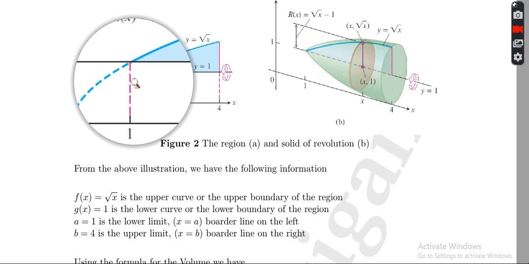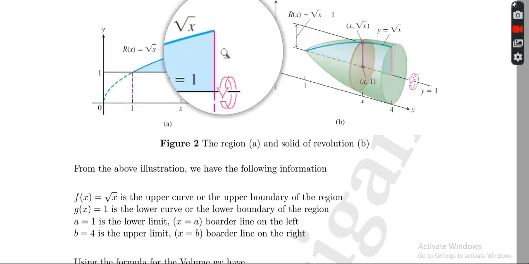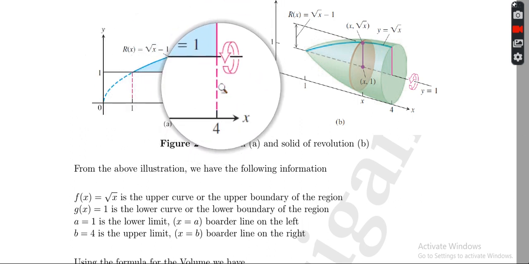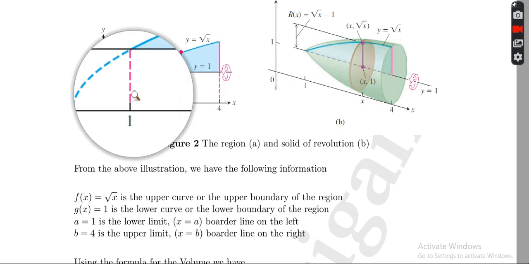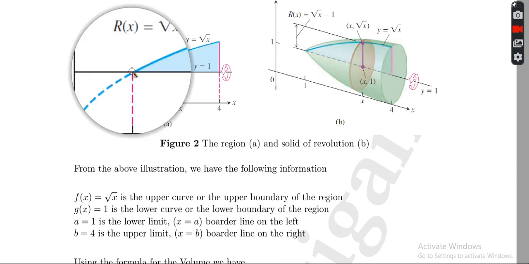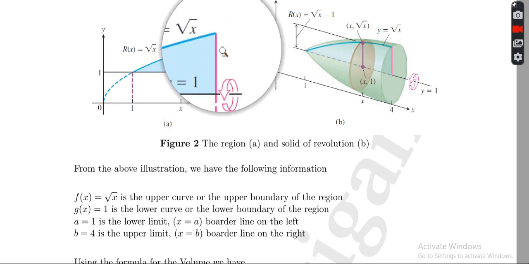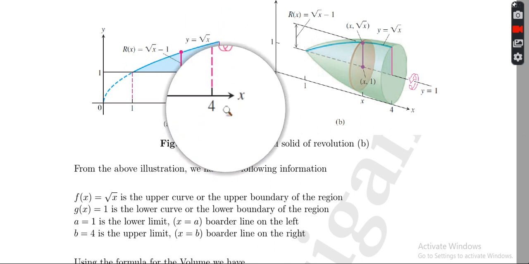So, that is x equals 1. And then, hanggang doon sa line na to, and that is x equals 4. So, the lower limit is 1, kasi ang ating region ay hanggang dun lang sa point of intersection na to. And then, ang upper limit natin is at x equals 4. So, hanggang dito lang yung ating region.